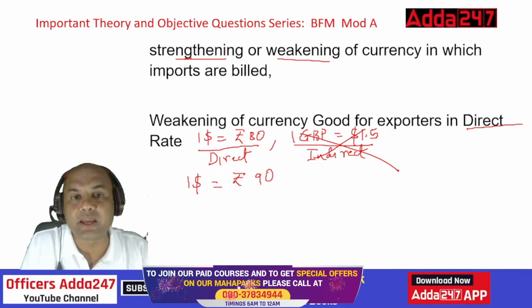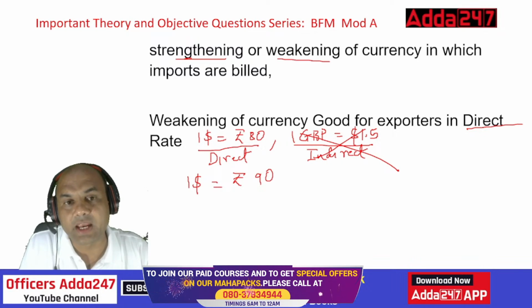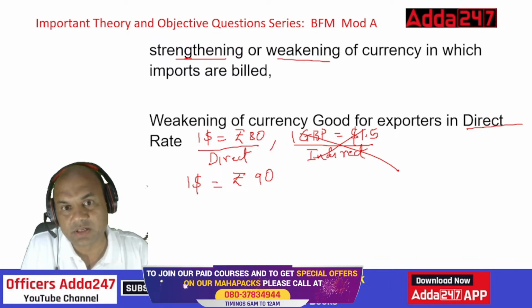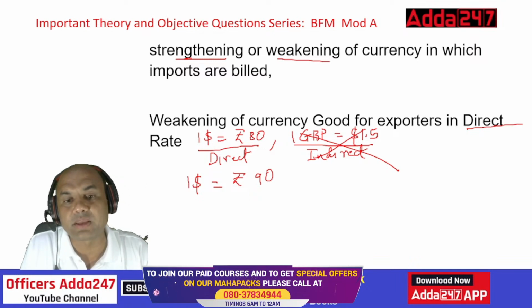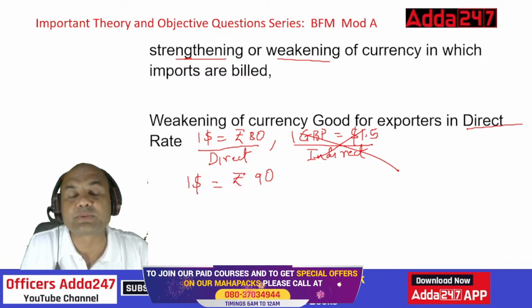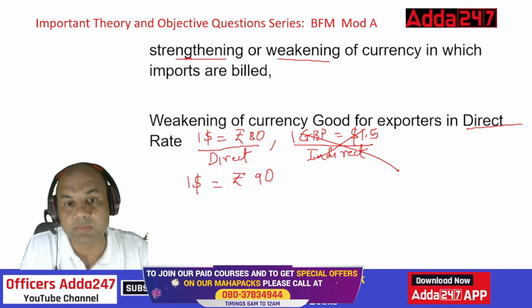For buying 1 kg of potato, I had to pay, let's say, 80 rupees. Now for purchasing that same 1 kg of potato, I am paying 90 rupees. So what has happened? This potato has become expensive, that's why I have to pay more.